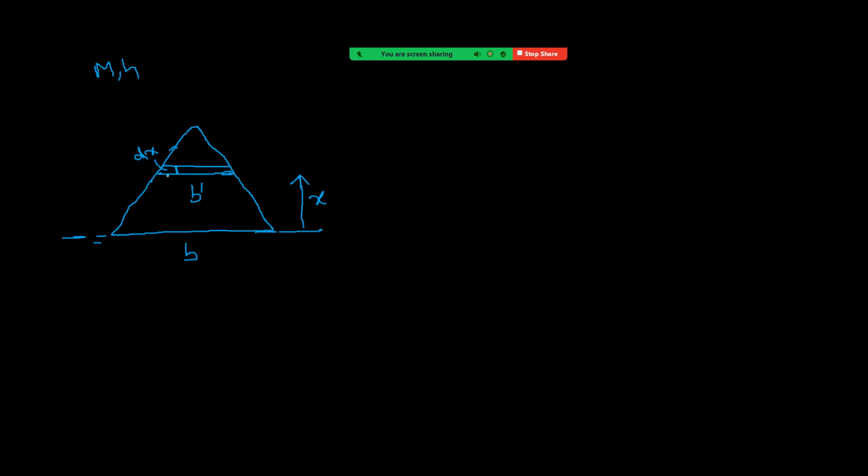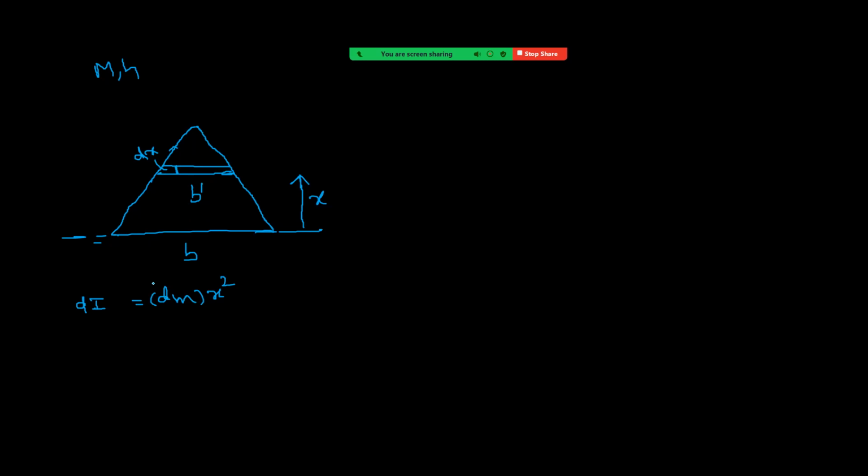Now each and every point in this rod is at the same distance from the axis, that is x. Then we can write its moment of inertia dI is equal to dm into x square, if its mass is dm.